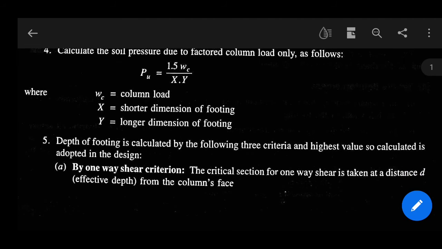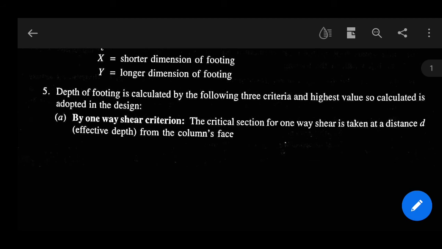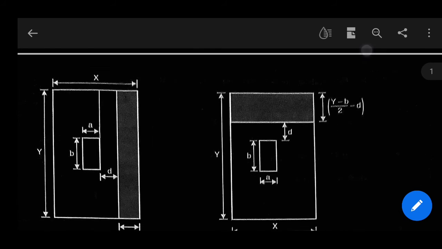First one is one-way shear criterion. So let's first discuss the one-way shear criterion. The critical section for one-way shear is taken at a distance d, that is effective depth, from the column face, just like this.